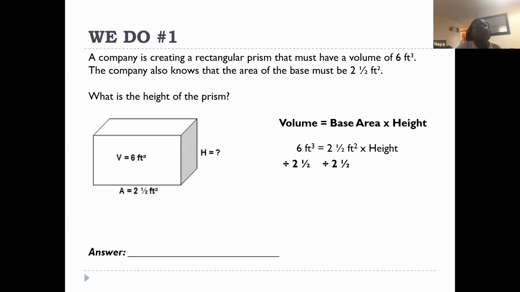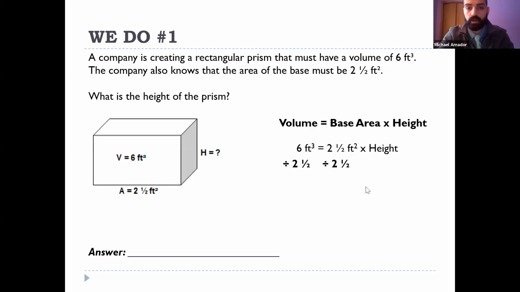So I did 2.5, and then I put 6.0, and where the decimal point was, I moved it back to here. Then the 6 turned into 60. Then I divided 60 by 25, and I got 2.4. So my answer was 2.4.